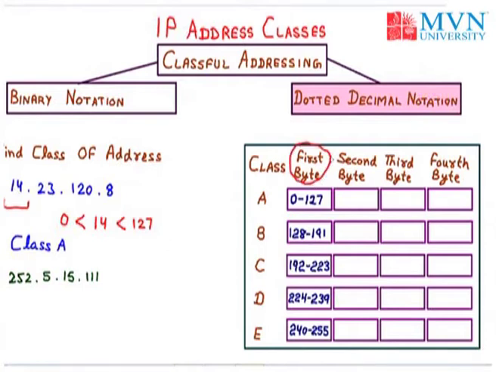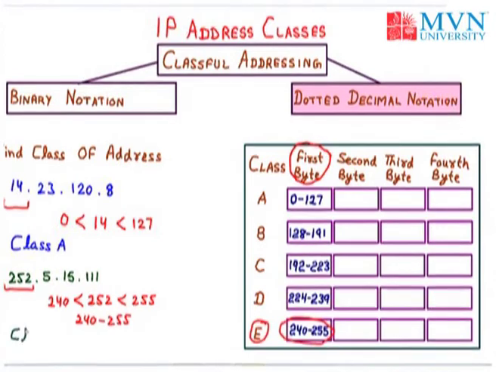The first byte is 252. This 252 comes into the range of 240 to 255. It is greater than 240 and less than 255. So the range is 240 to 255. That means this is class E.